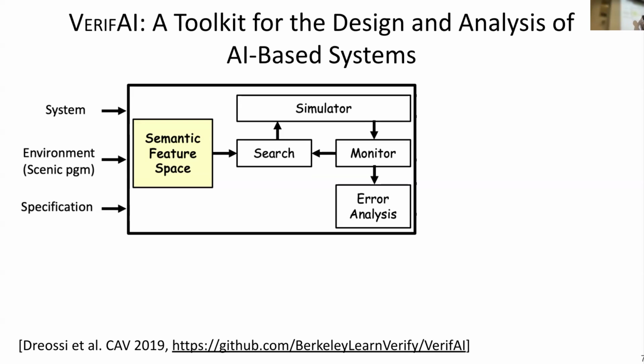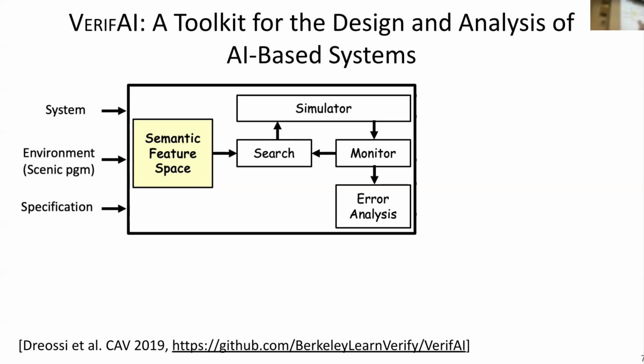What happens is you sample one, you send it over to the simulator to generate, and then the monitor looks at the evaluation criteria that you gave. After simulation is done, the monitor traces the trajectories of all the objects in the scenario, evaluates, and outputs a score based on the evaluation criteria that you gave. That information is relayed back to the search sampler.